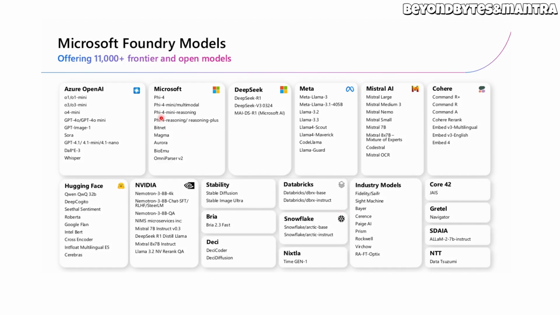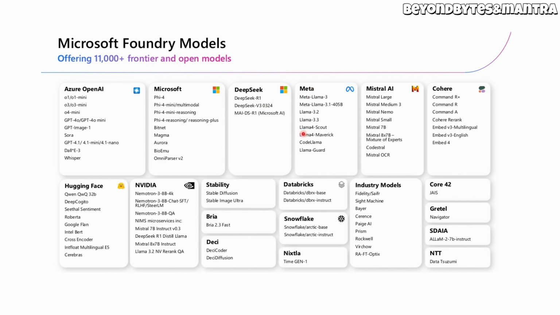So now, as I had mentioned, if we deep dive into the models that we have in Azure AI Foundry, we have 11,000 plus frontier and open models, which include Azure OpenAI from O1 to O3 to O4, GPT-4o, Image, Sora, GPT-4.1, Whisper, and GPT-5, to the Microsoft series, where we have the Phi series of models, and BitNet, Magma, Aurora.